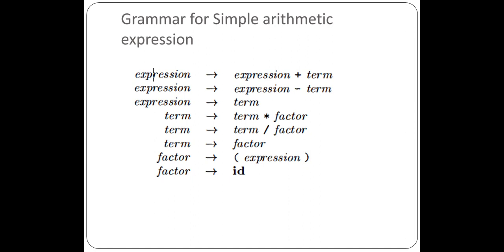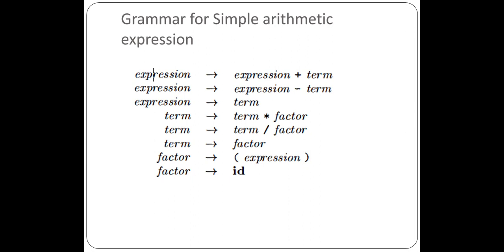The second production is the same, with plus replaced by minus. Expression could also be a term, and that term could be converted into term asterisk factor, or term slash factor, or simply factor alone, where factor could be an expression within parentheses, or factor could be an id. So these are examples of productions.